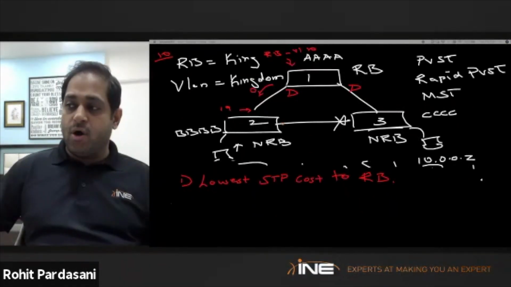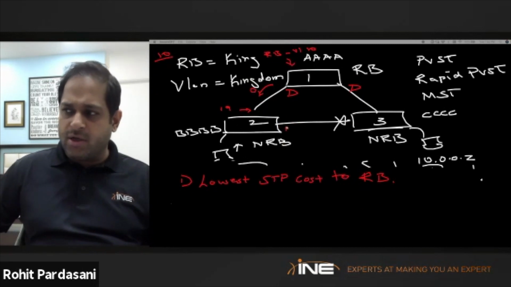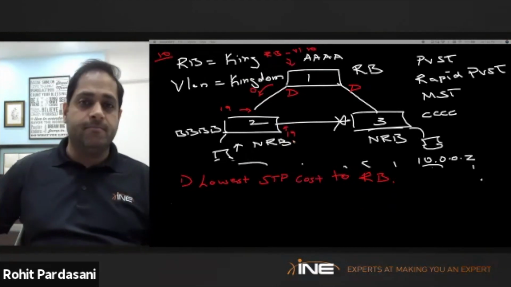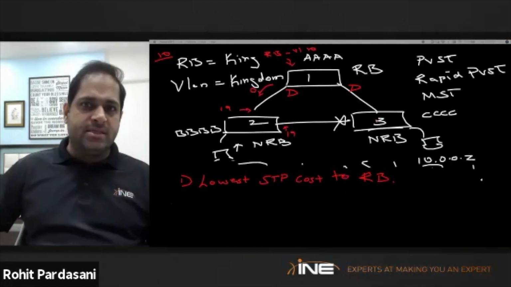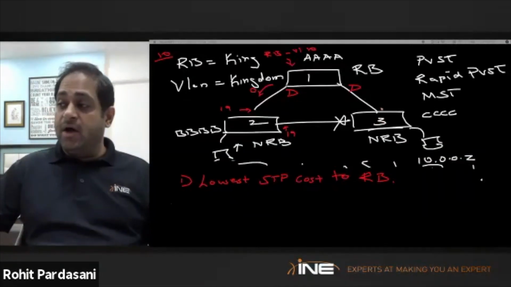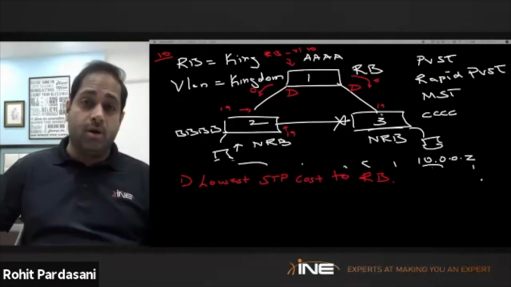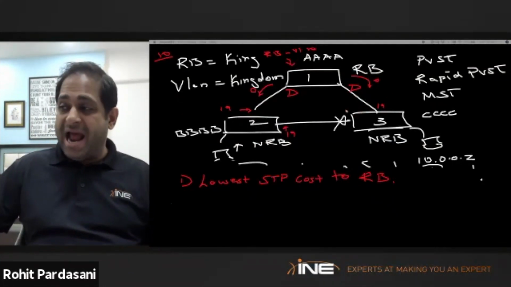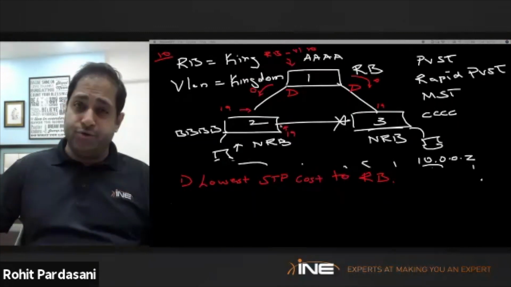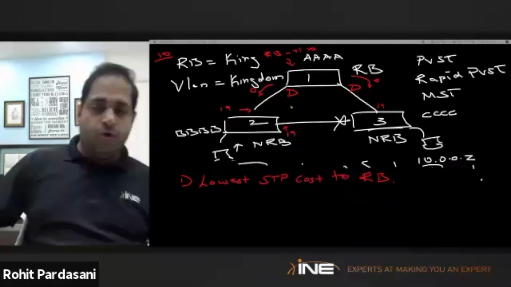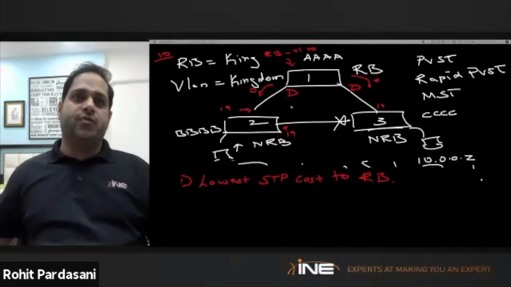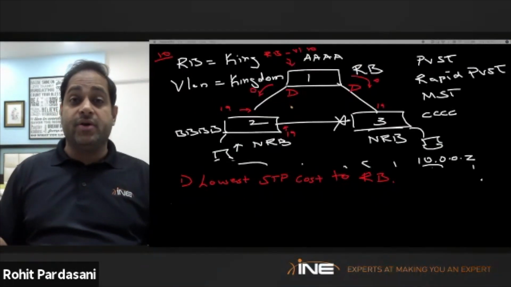Now he will look at the cost on this link. What's the local cost on this link? 19. What's the advertised cost by switch 3? Now for switch 3, his local cost is 19. Advertised from here is 0, which means for him, total cost is 19. So he would advertise 19 to switch 2. So switch 2, to go to switch 1 through switch 3, my total cost becomes 38.